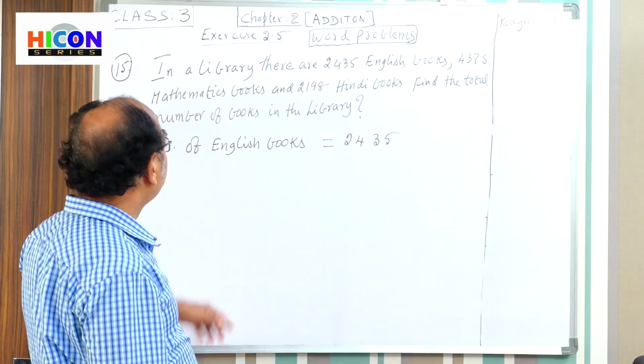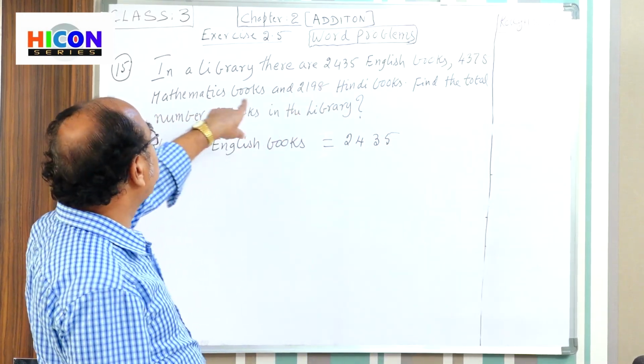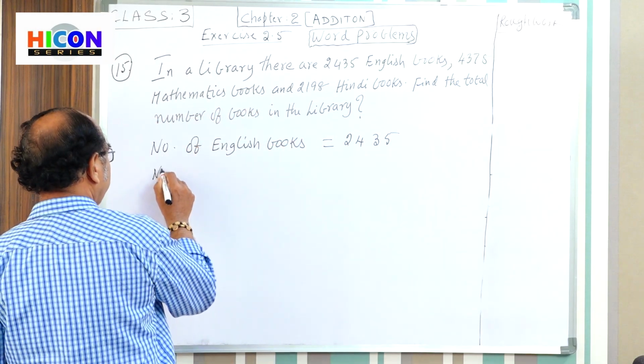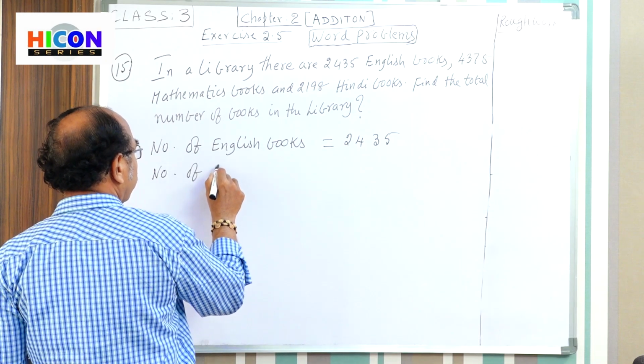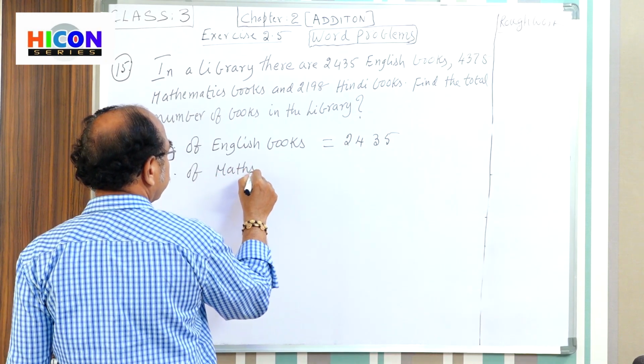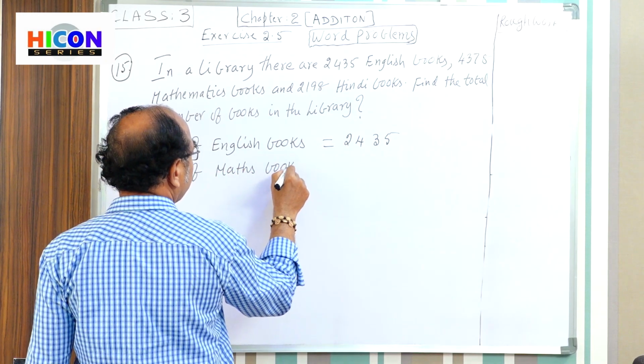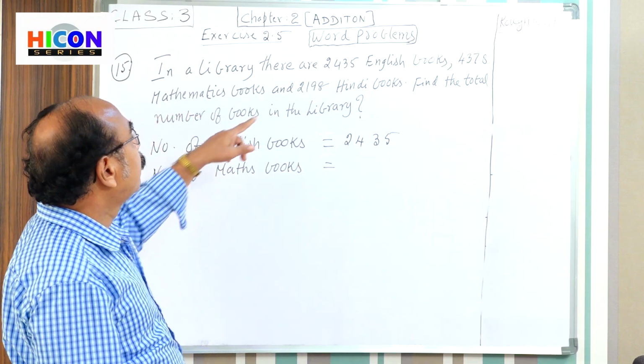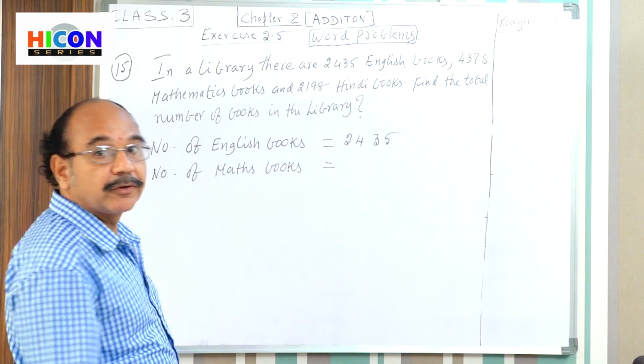Now come to the second step. 4378 mathematics books. So number of math books. How many mathematics books are there here? 4378.